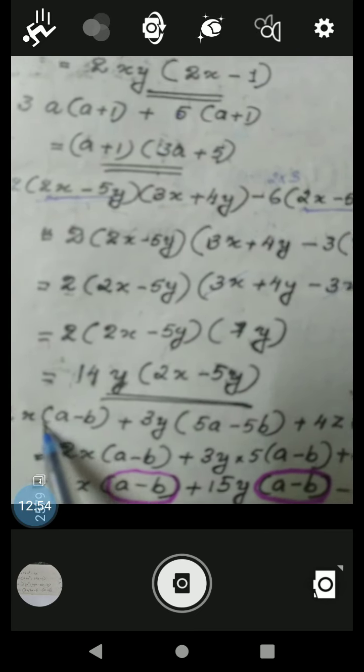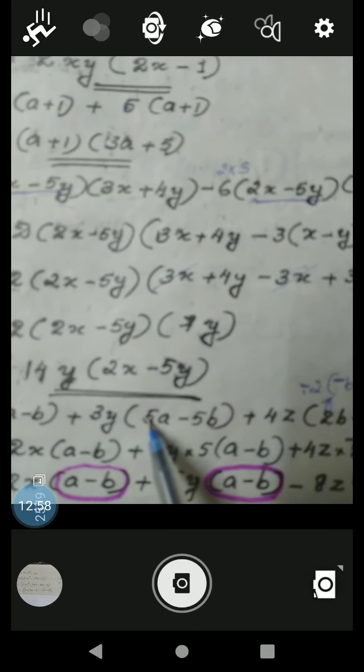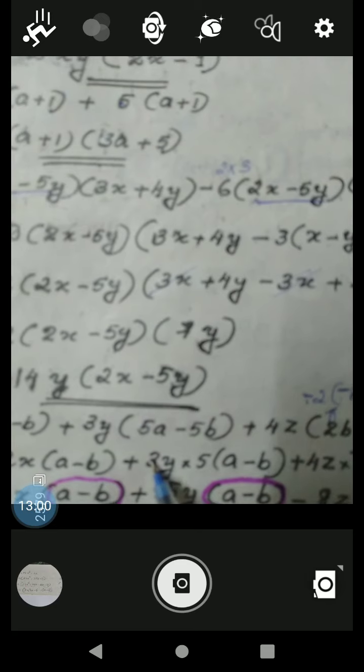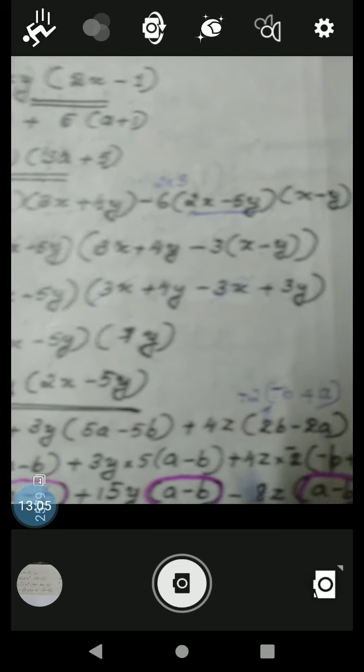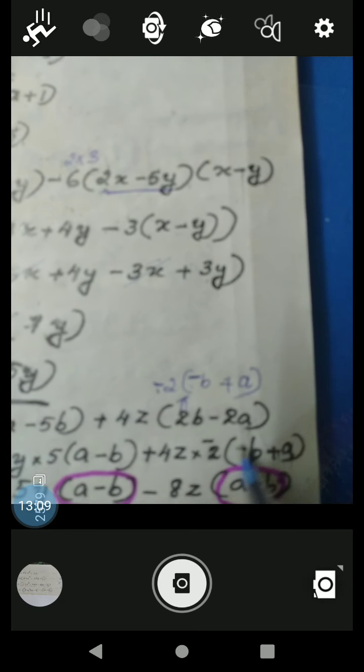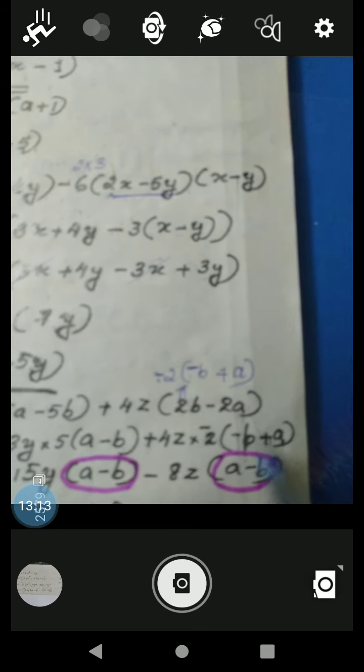Okay, in that way you have to arrange. So, 2 into x into (a minus b), that is the first term. Second term, we can take 5 outside, so we get 3y into 5 into (a minus b). Here 4z into, you can take minus 2 outside, it becomes minus b plus a, that is a minus b.